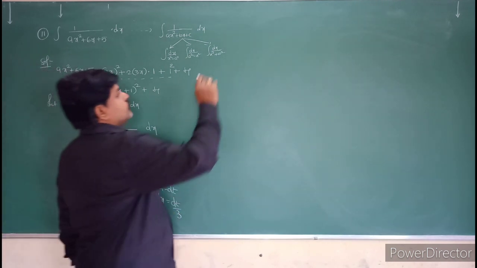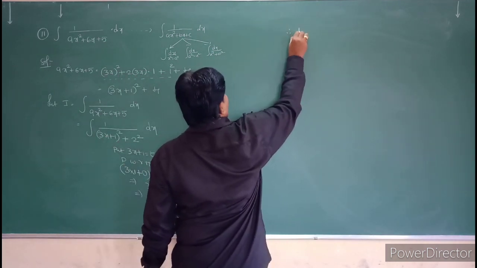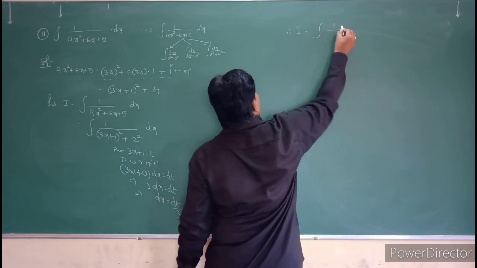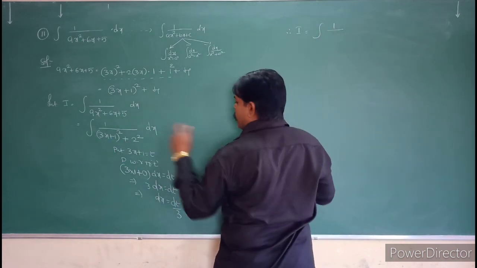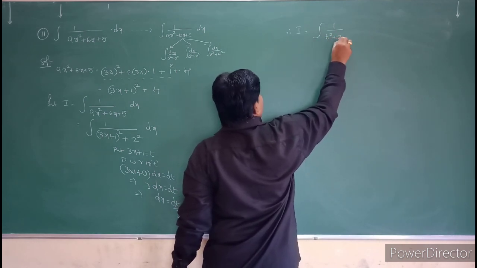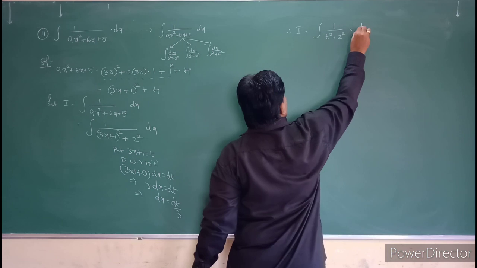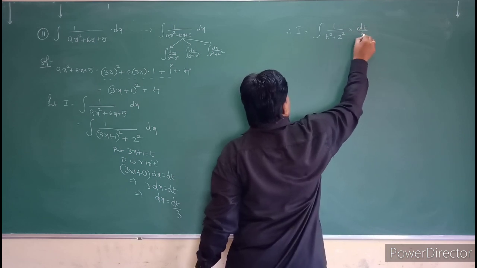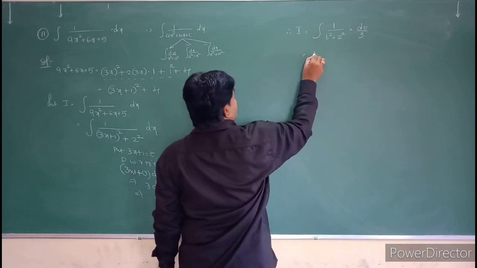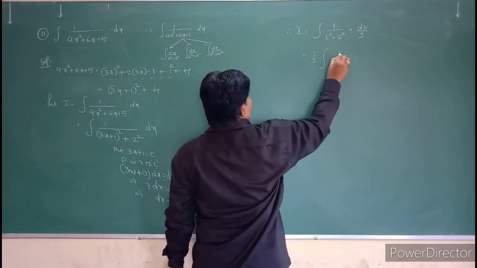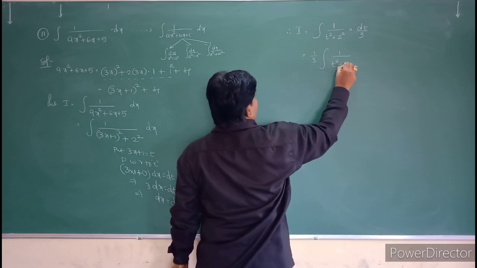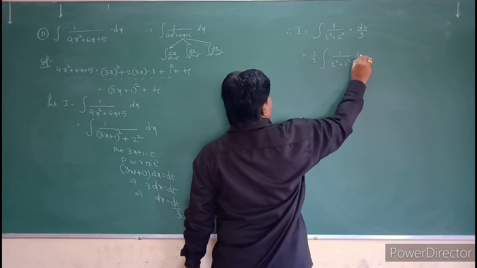Therefore I is equal to integral of 1 by t square plus 2 square into dt by 3. Replace the value here: take the 1 by 3 out, integral of 1 by t square plus 2 square into dt.